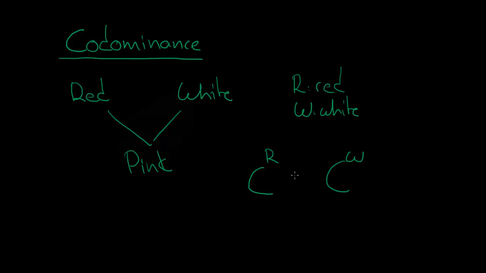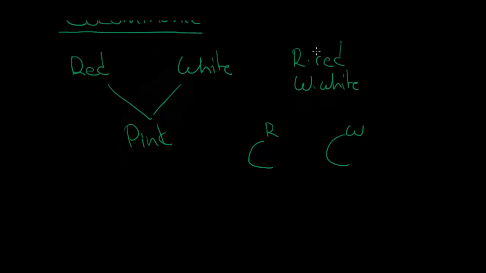Just by the symbols, you should be able to recognize that this is not a normal genetic cross, but it's a codominance. Now let's see an example of codominance. Imagine that we have these symbols, R for red, W for white, and we are looking for the colors of flowers. If we have a flower that has red color and we cross it with white flowers, then this is how the genotypes will be.